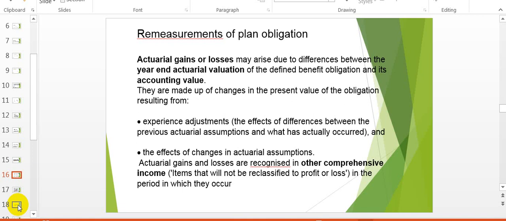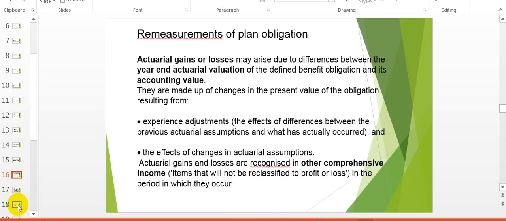What happens is that the actuary will advise the entity on what they expect from their investments, what expenses will be incurred on the plan obligation. But these estimates are based on experience. What might actually happen on the ground may be different.